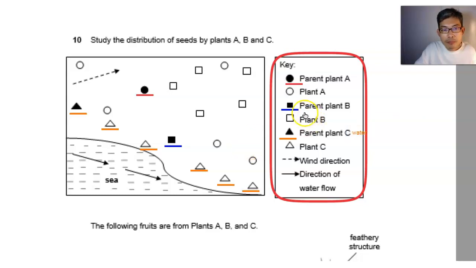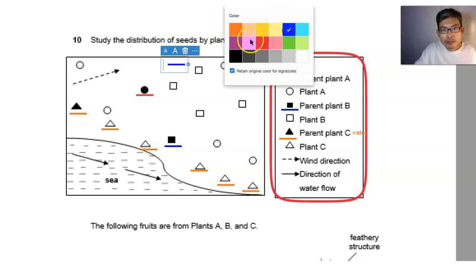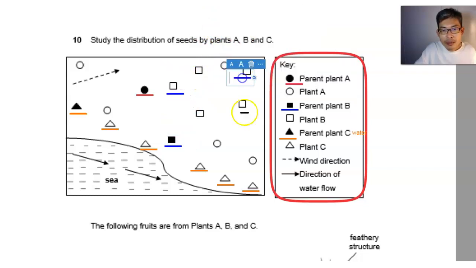Let's look at plant B now, the one in blue. Where are those in blue? They are inland. Oh, I see an important thing called wind direction. This is also important.